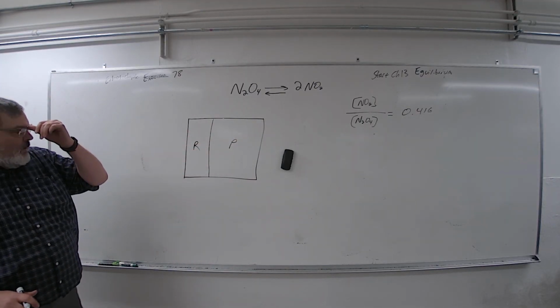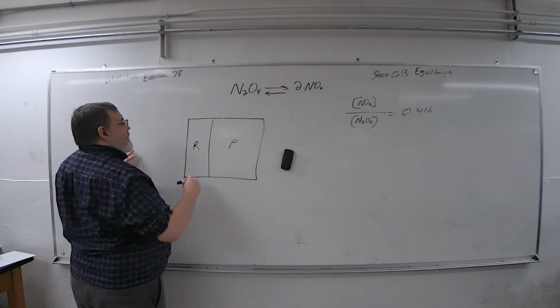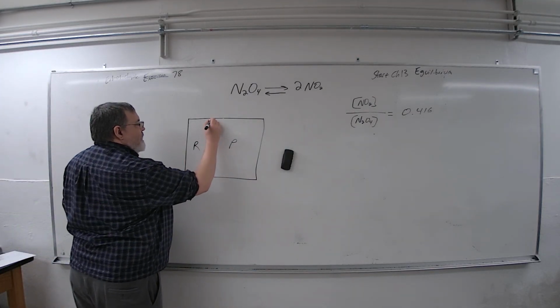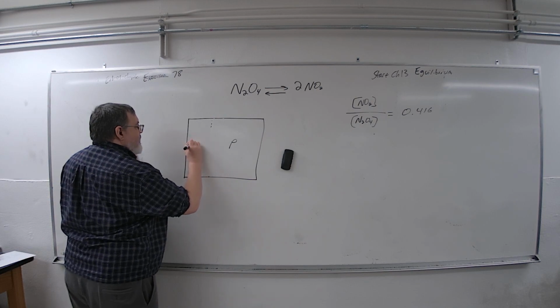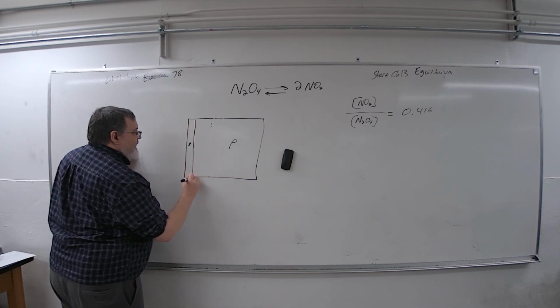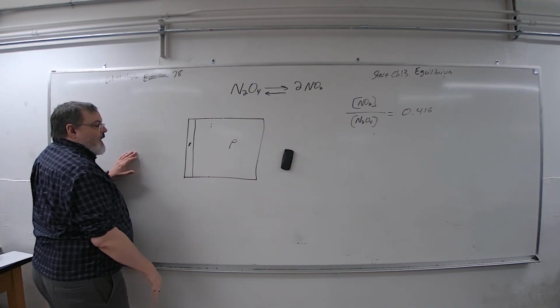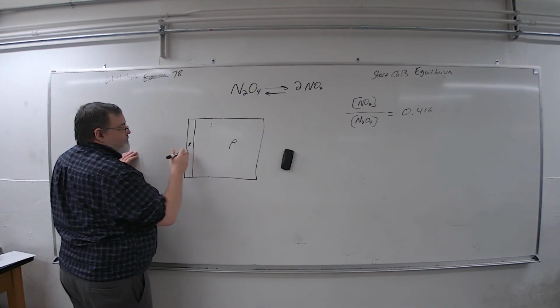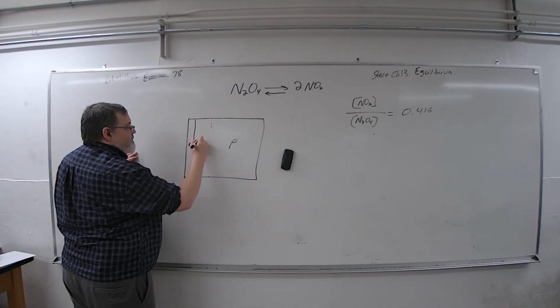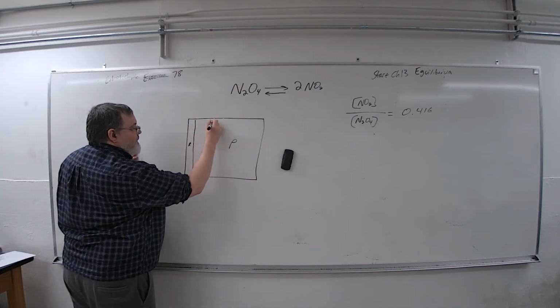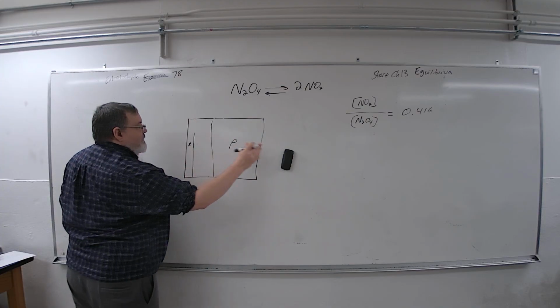Okay, let's say I go up to another reaction vessel, and I mix it such that there's this much reactant and that much product. What happens is the reaction starts, the reactants start becoming products, and that starts moving this line over until it gets back to this line, and then it stops.